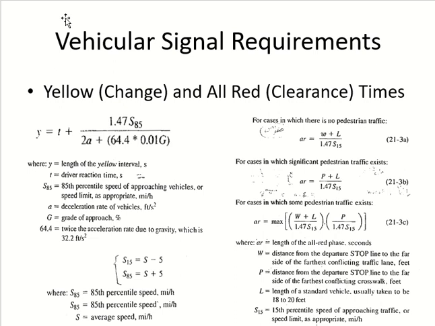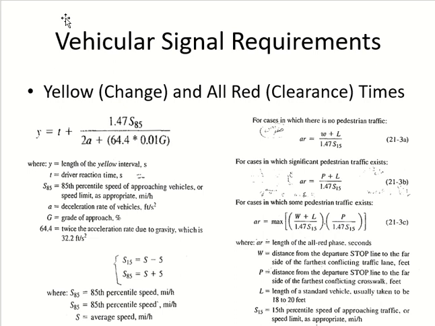L is the length of the vehicle, the standard length of a car, which is 18 to 20 feet. Then we have S15, which means the 15th percentile speed. Again you need the frequency distribution table and curve.